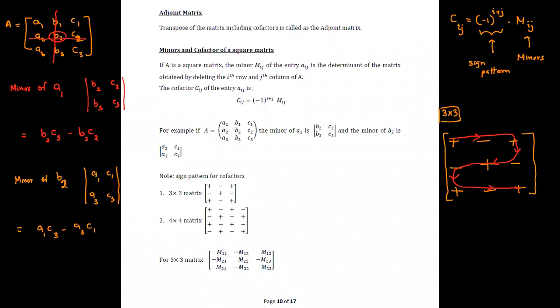And if you see the 4 by 4 matrix, the sign pattern starts from plus, then minus, again plus, again minus. Then you have to start it from here. It would be given in this way.